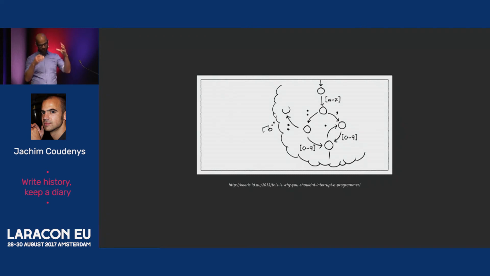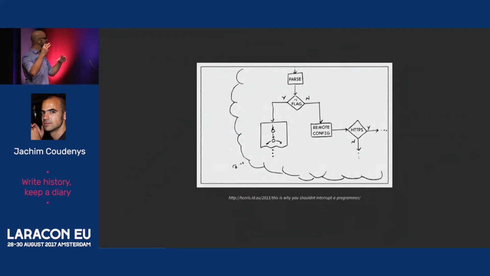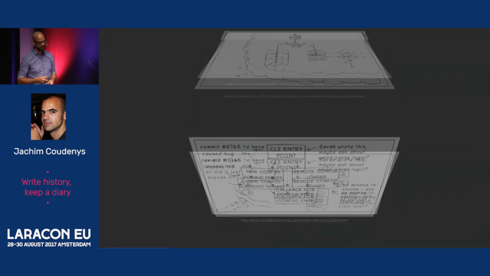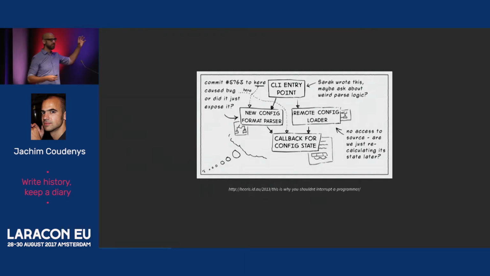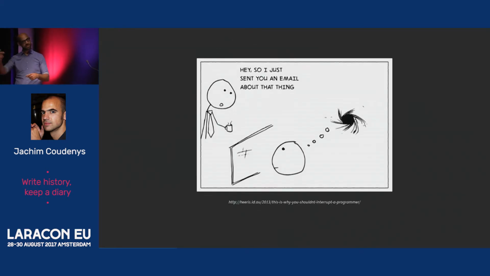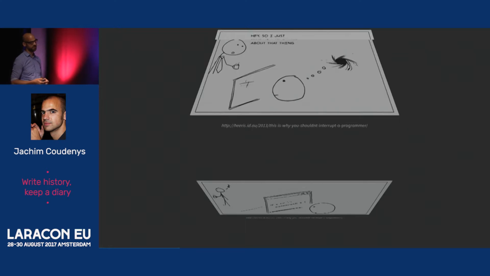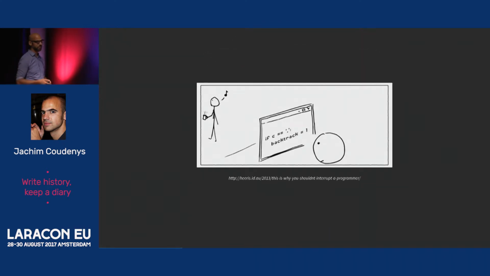You end up with a lot of information in your head, the context of those 2 lines, and then somebody comes along and asks, "Hey, did you get that email?" And then the whole context you had in your head is gone, and you have to start over again.